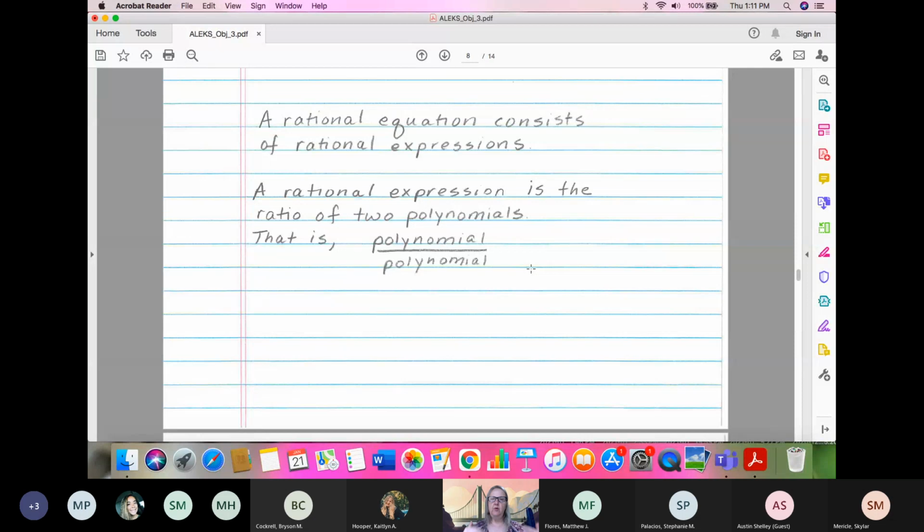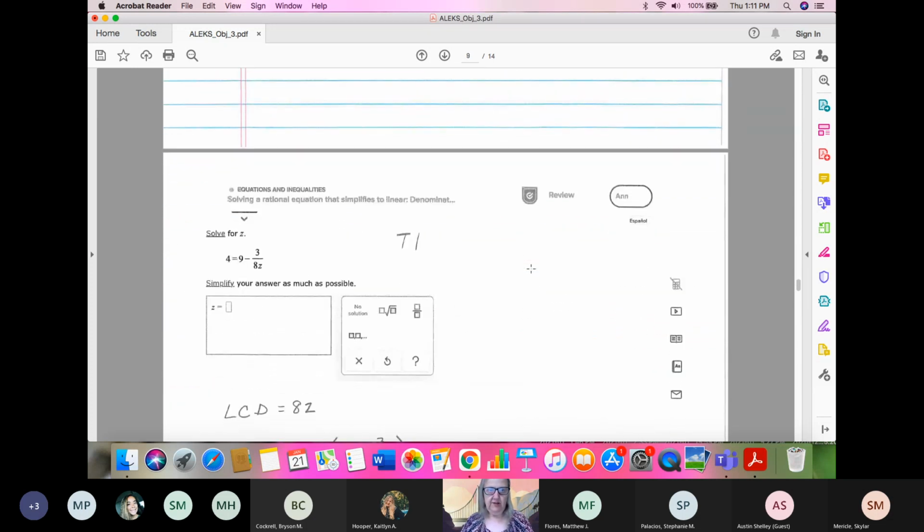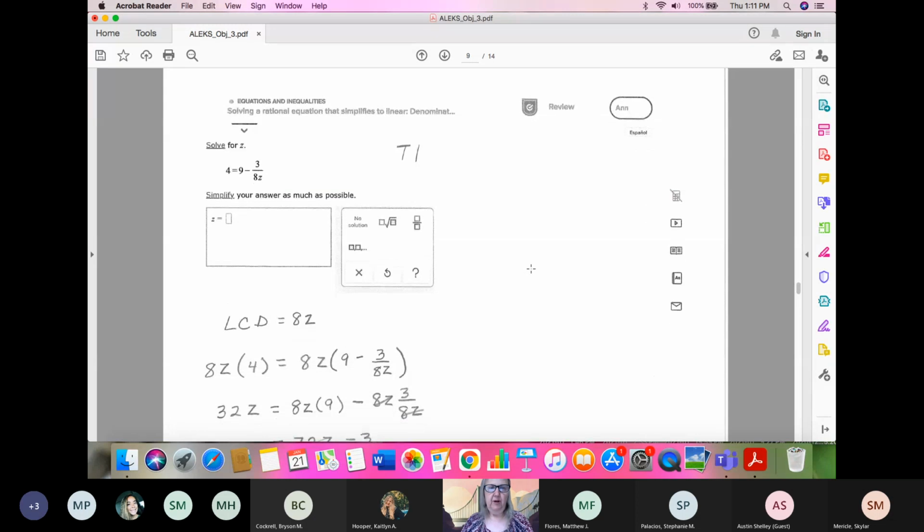And we have an equation that may have several different rational expressions in it. So we're going to start with something simple. And in this process that you just copied down, you're not going to use all steps for every single equation, but you want to think about each step and if you need to use it.